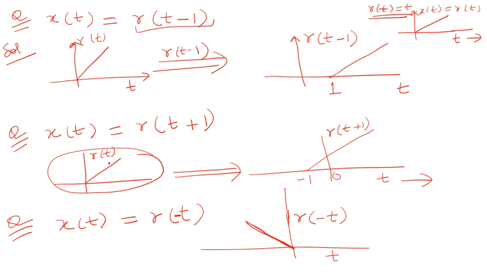This r(t) waveform has just been reflected, or the mirror image of this waveform has been obtained in order to draw this required signal. Coming back to some more problems of similar type.